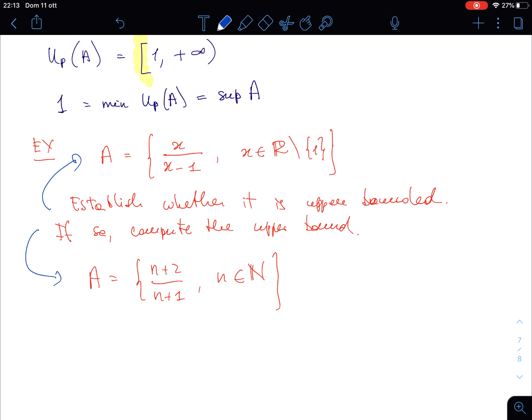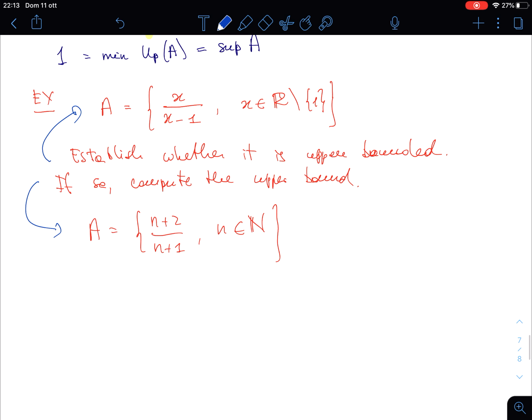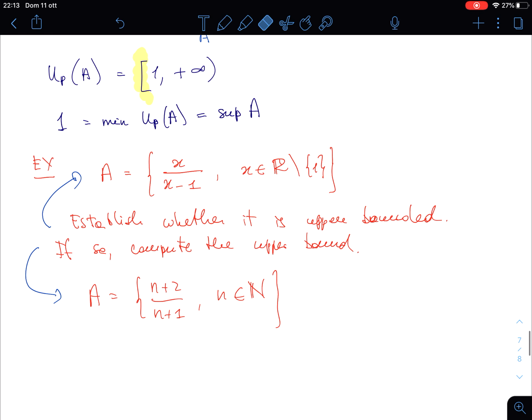And of course, symmetric to the notion of upper bound, there is the notion of lower bound. Okay? And the construction is the same. Sorry, it does not compute the upper bound, compute the supremum.